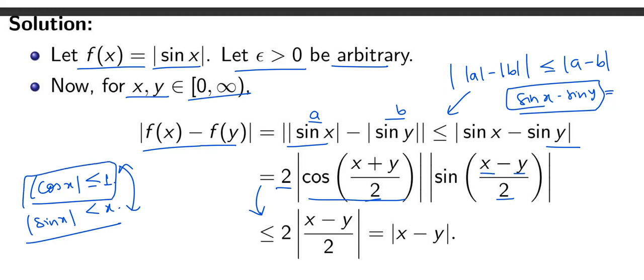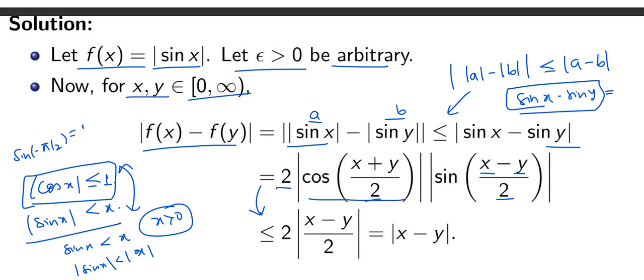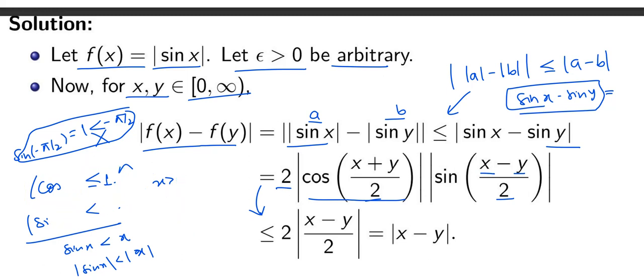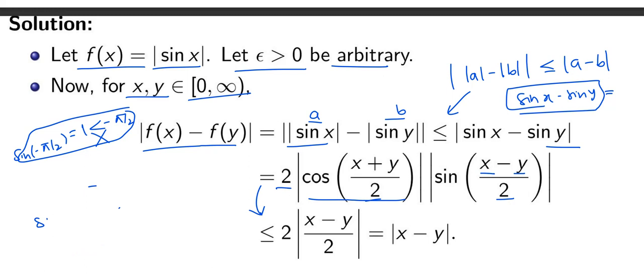But modulus of sin x is less than or equal to x only when x is positive, because you can see sin of minus pi by 2 equals minus 1, and minus 1 is not less than minus pi by 2. But when x is positive, then these two results are correct. We are using them here because x and y are greater than 0, that is, they are in 0 to infinity. So these two results are correct and we can apply them.